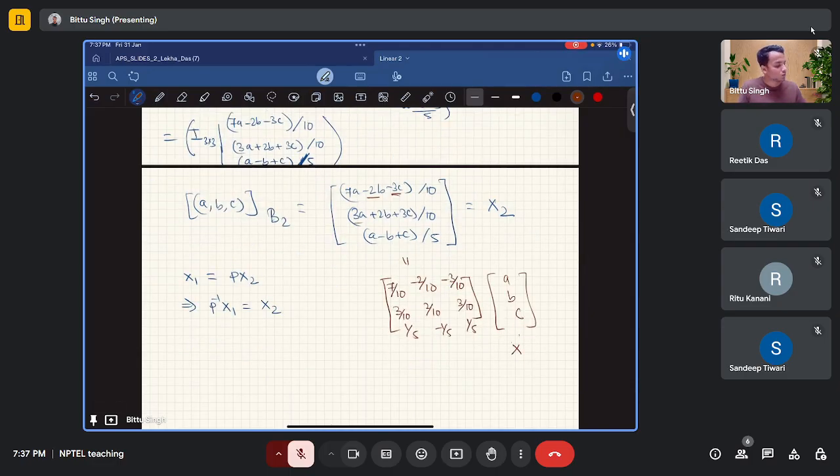This was x1 equal to that matrix. So from here it is clear that x2 equals P inverse x1, but this is actually x1, this ABC. From here it is clear that this is actually P inverse, right? So this should be the correct answer.